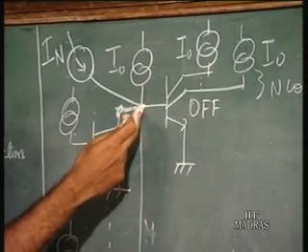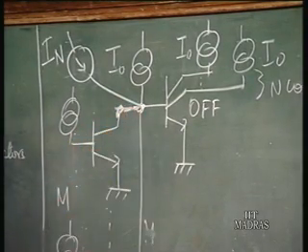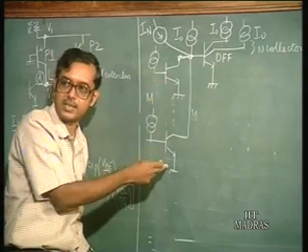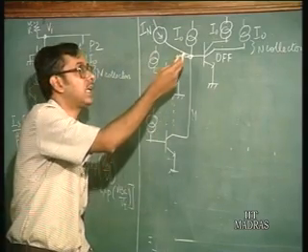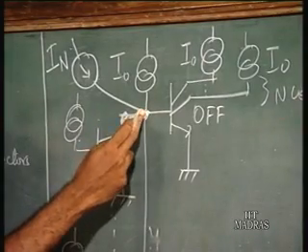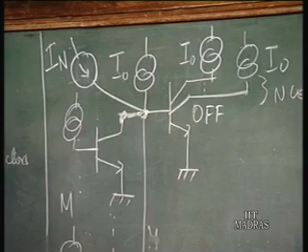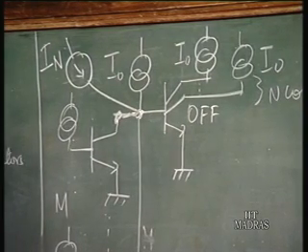If this current is small, most of the current will be flowing into the collectors of the previous transistors. But if this current becomes sufficiently large at this node, then this base may get sufficient current to turn it on from the off state.